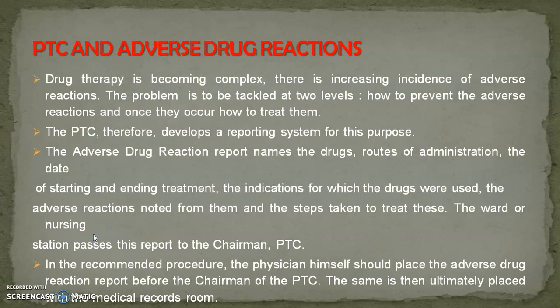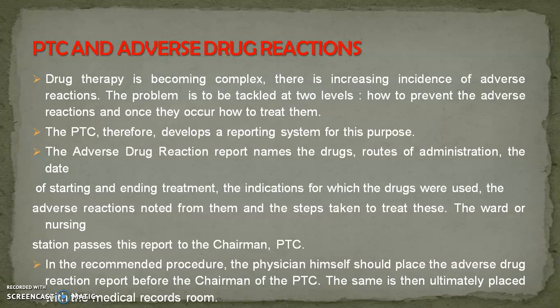So, PTC and adverse drug reactions. Now, drug therapy is becoming complex, so there is an increasing incidence of adverse reactions. The problem is to be tackled at two levels: how to prevent the adverse drug reaction, and second, once they occur, how to treat them. So, what does the PTC do? It will develop a reporting system for this purpose.